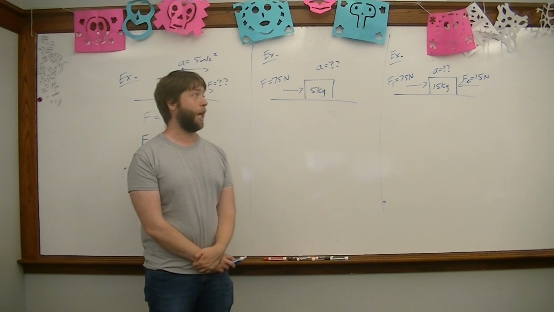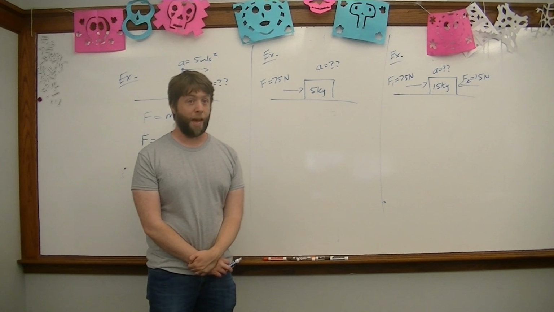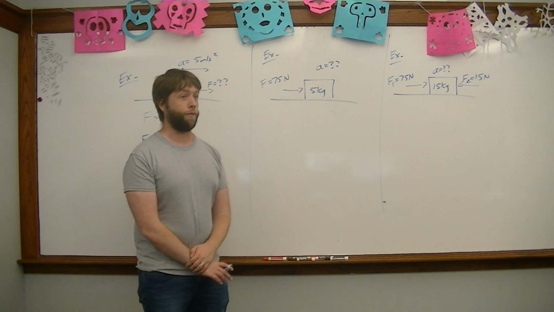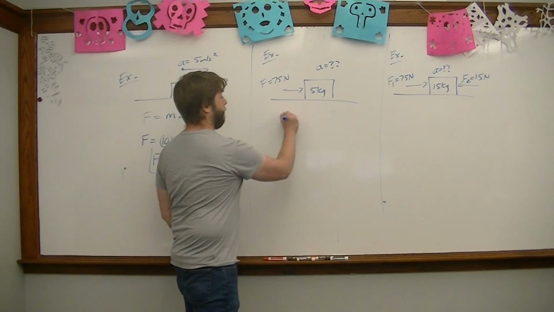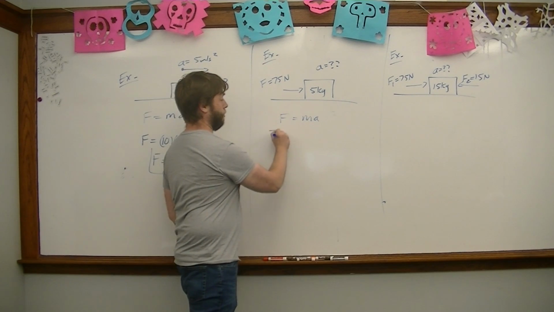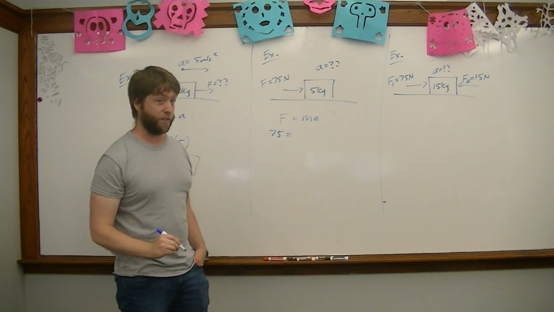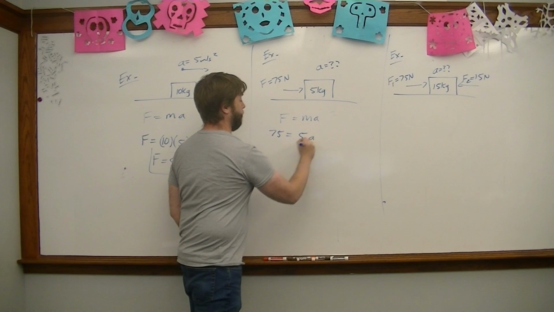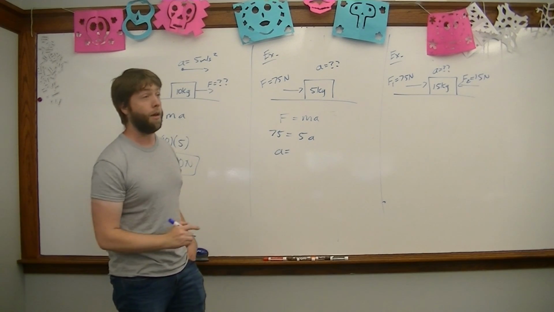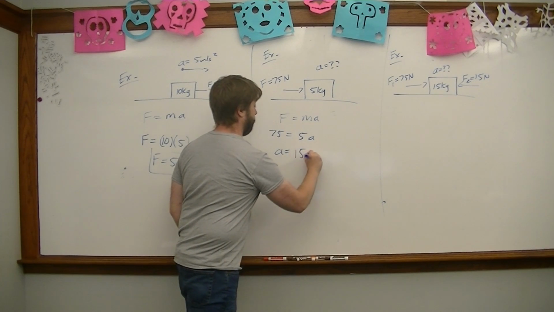Ready? Okay. Once again, force is equal to mass times acceleration. In this instance, I have the force. I'm trying to find the acceleration. F equals ma. The force is 75 newtons. That's equal to the mass of 5 kilograms multiplied by the acceleration. The acceleration is 15 meters per second squared.